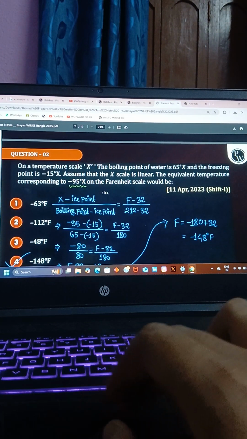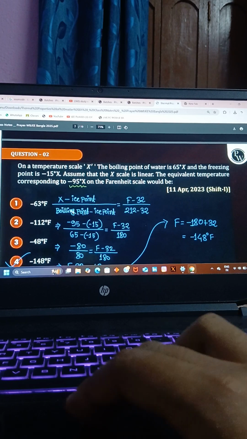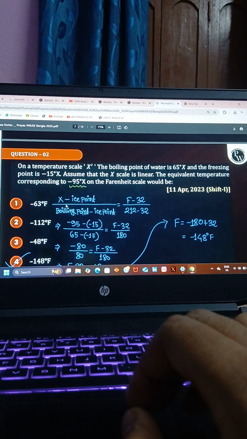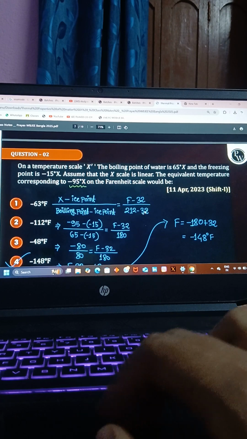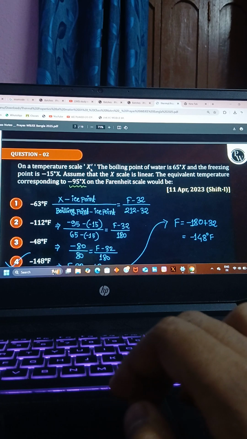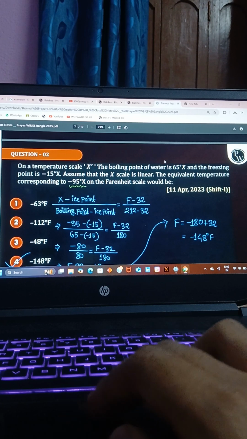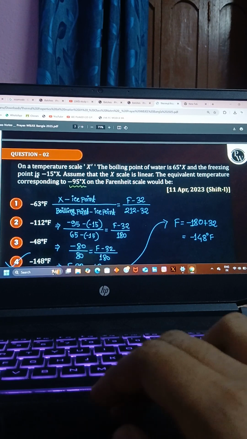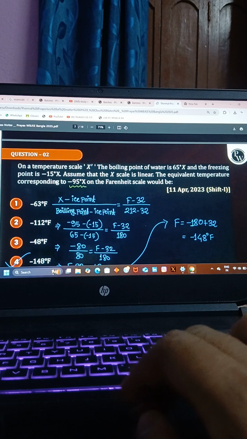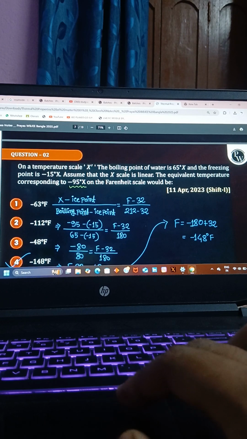Yes, this is the question I told you about in the previous slide, that there is a direct question on this formula. On a temperature scale X, the boiling point of water is 65 degrees X, an unknown scale, and the freezing point is minus 15 degrees X. Assume that this X scale is linear.